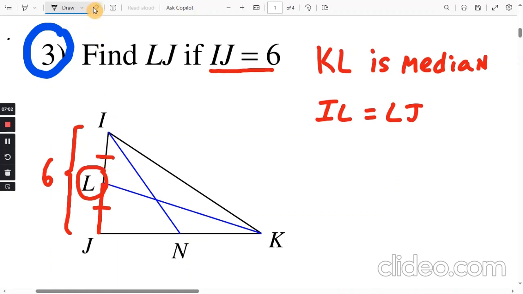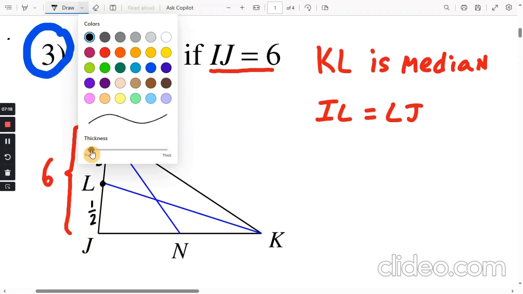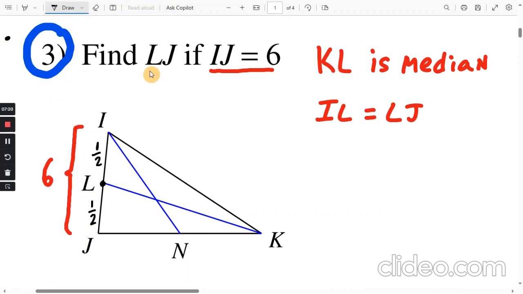So this right here, I'll erase this mess. This portion right here is going to be half, and this portion right here is also going to be half. All right, so if we were to write a formula, we're looking to find LJ. That's this right here.